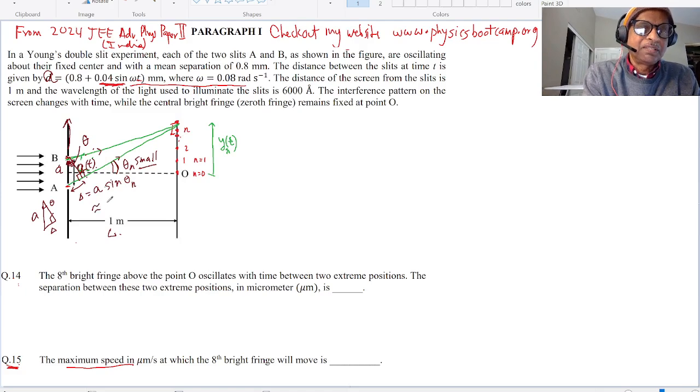We're going to assume a small angle, so that tangent theta n is equal to yn over L. Now if delta was n times lambda, then it's going to be constructive over here.